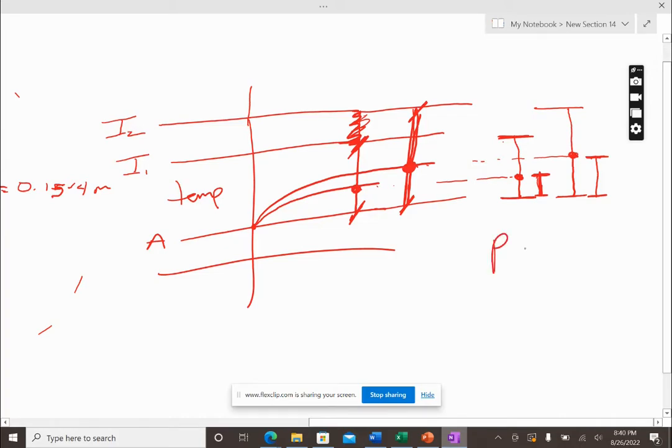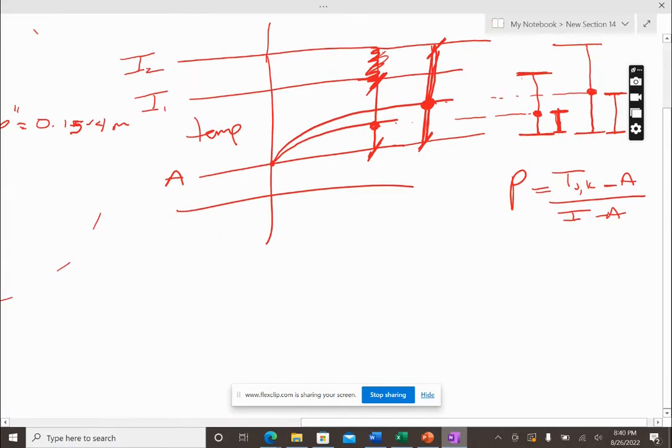And the proportion is equal to T, the temperature at a position J, depth K, minus the ambient, divided by the heating load. That's the definition of proportion.